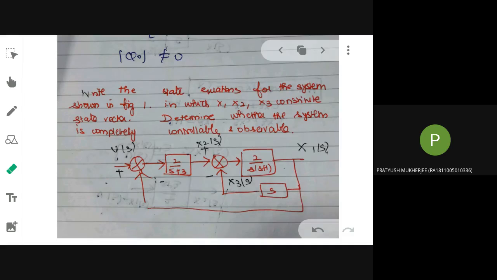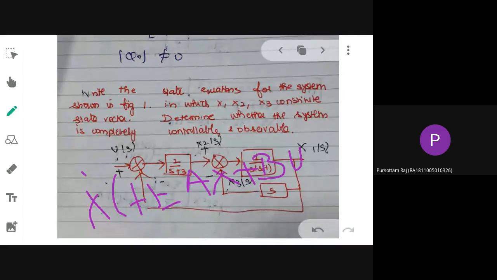Read the statement. You want to write the state equations for the system. You know what state equations are. What is the general state equation formula? X dot t is equal to Ax plus Bu. You need to find this.